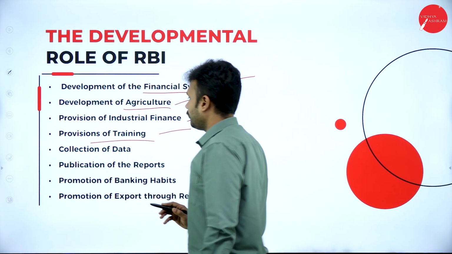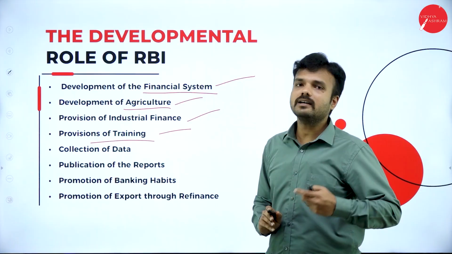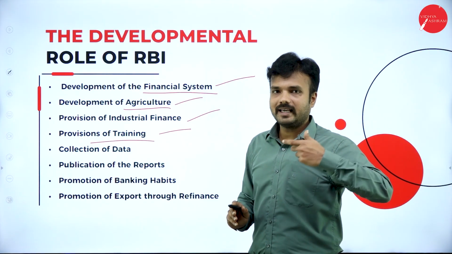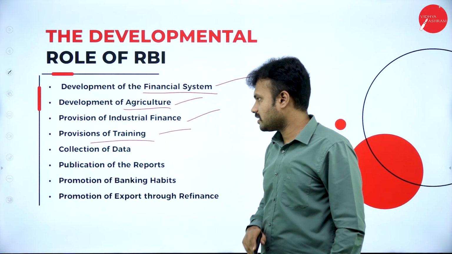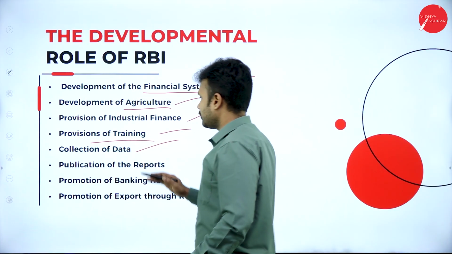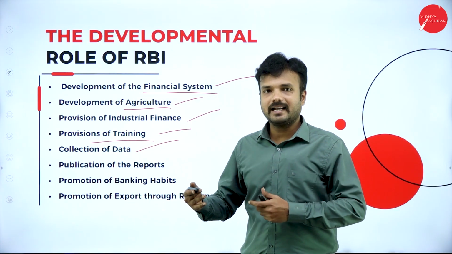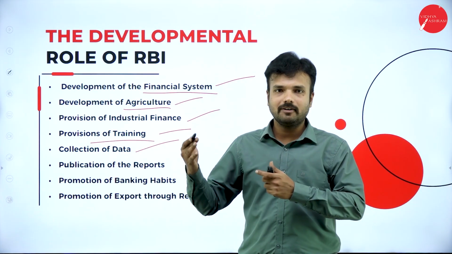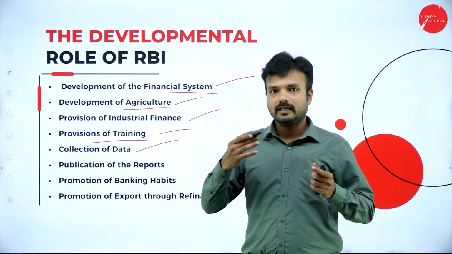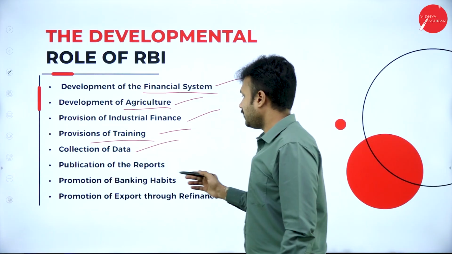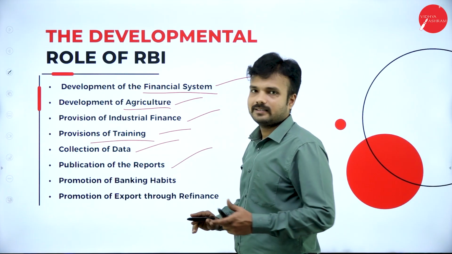The Reserve Bank of India also gives provision for trade activities, import, export and interport activities. Collection of data. The Reserve Bank of India collects all kinds of data about economic development, economic crisis, inflation, deflation, and later publishes the report.